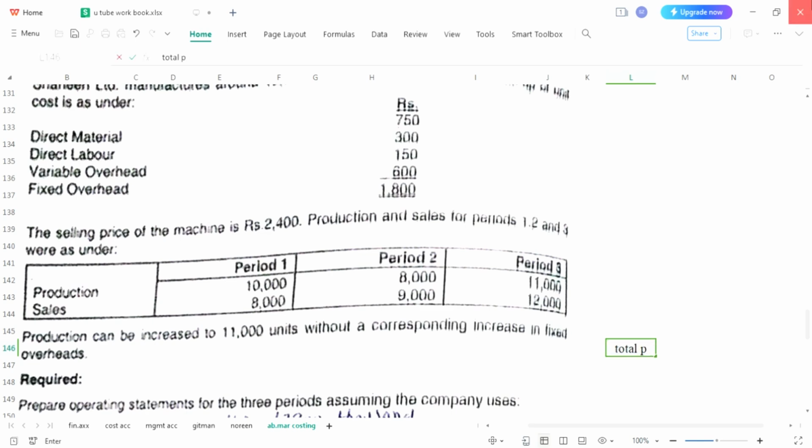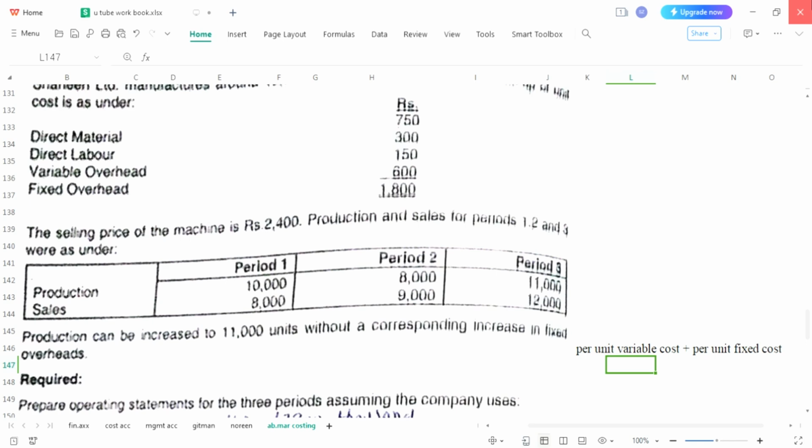Actually it is very easy, directly it can be calculated, but just for you to understand I'm writing over here: total per unit cost would be equal to per unit variable cost and add per unit fixed cost.